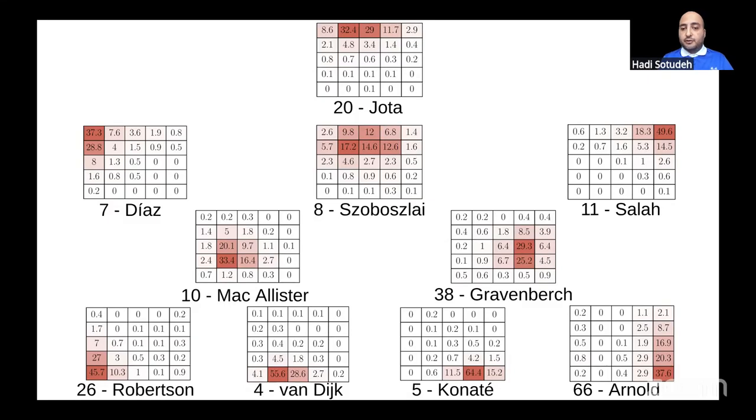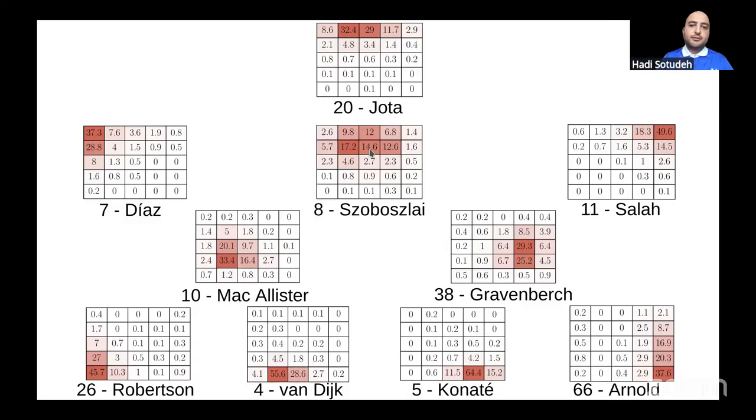Number 8, Szoboszlai, he was around 17% as the left attacking midfielder. So Premier League suggests he was attacking midfielder, and we can say yes, he was a versatile attacking midfielder. He was not like Bruno Fernandes, who was really playing on the first line of pressure, but he was one line behind, but he had a tendency to go to the left.